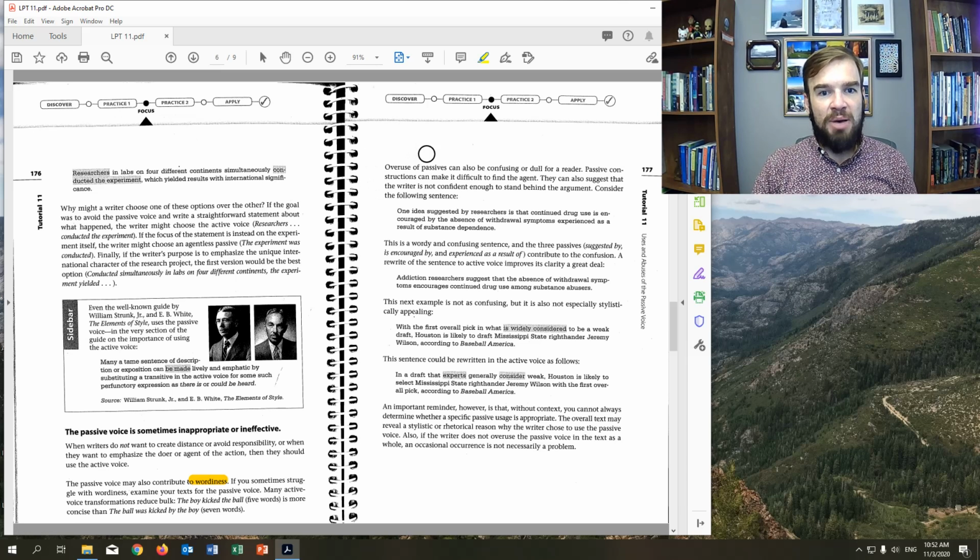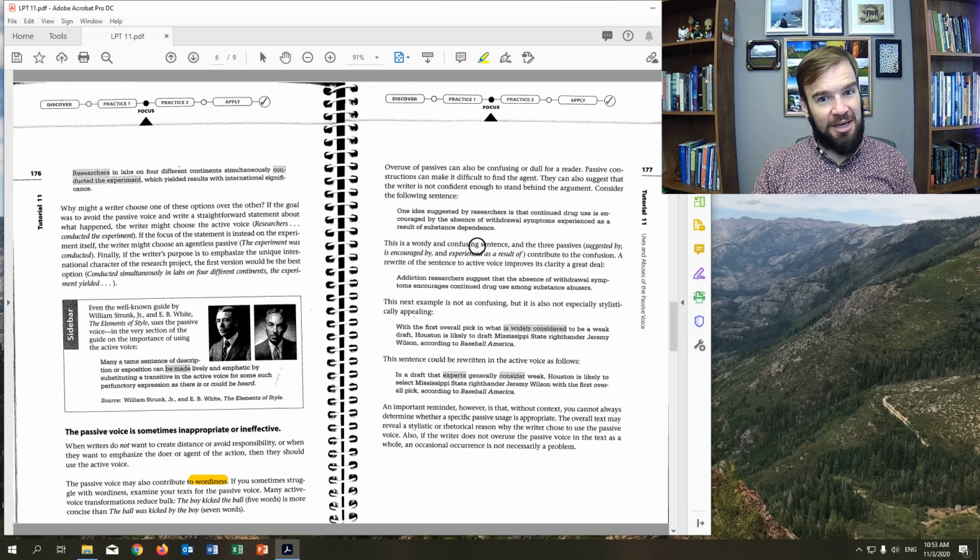Now, overuse of passives can also be confusing or dull, boring for a reader. Passive constructions can make it difficult to find the agent. They can also suggest that the writer is not confident enough to stand behind the argument. Look at the following sentence. So one idea suggested by researchers is that the continued drug use is encouraged by the absence of withdrawal symptoms experienced as a result of substance dependence.